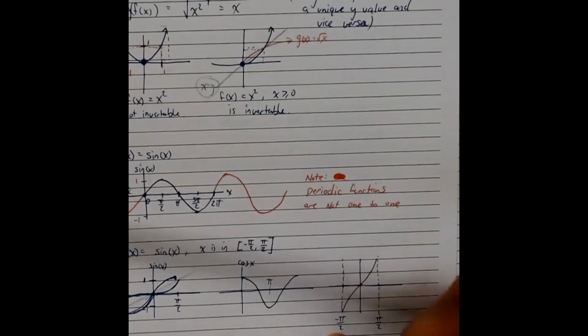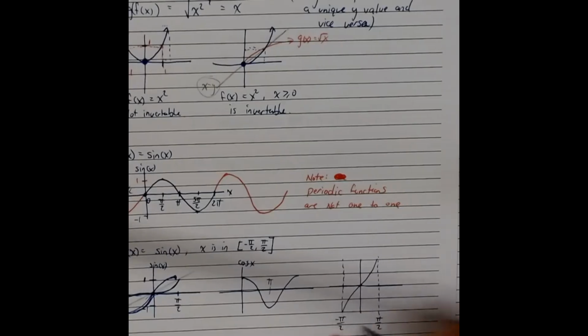Within the interval between negative pi over 2 and pi over 2, this function is already one-to-one. So yeah, we could restrict it a different way, but this seems to work pretty well. It crosses through 0, and we have a one-to-one function within the central period.